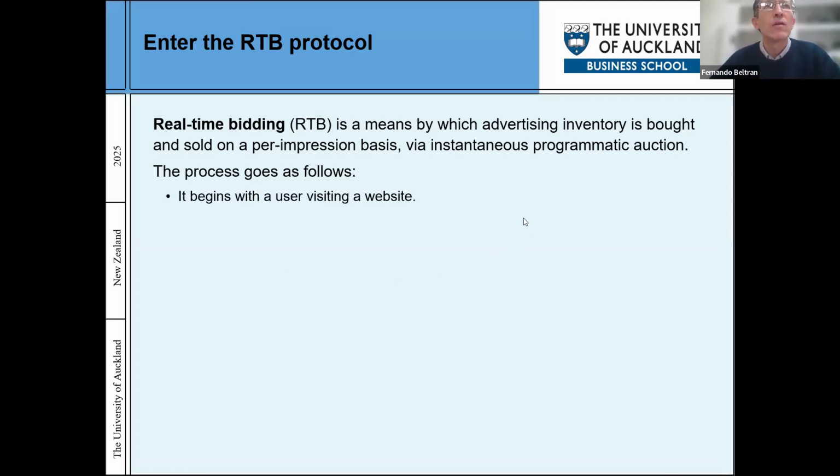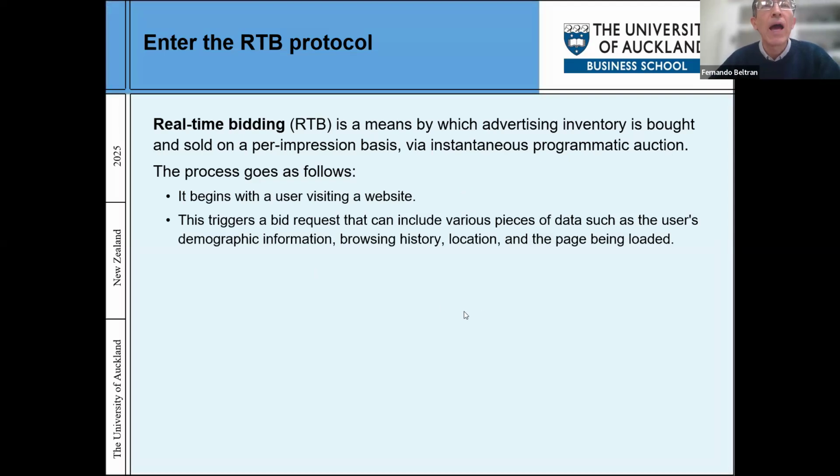So just revisiting this, it begins with the user visiting a website or you using your app on your smartphone. And that triggers a bid request that can include various pieces of data, such as the user's demographic information, browsing history, location, and the page being loaded.